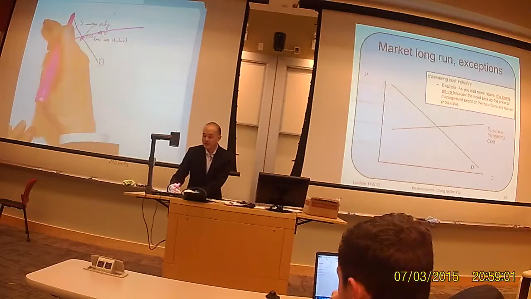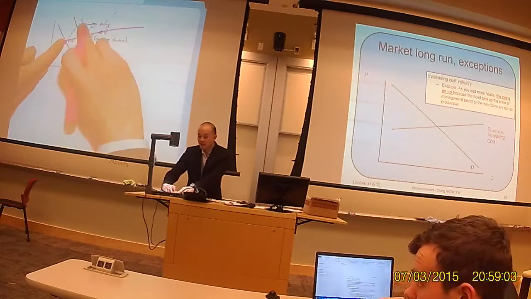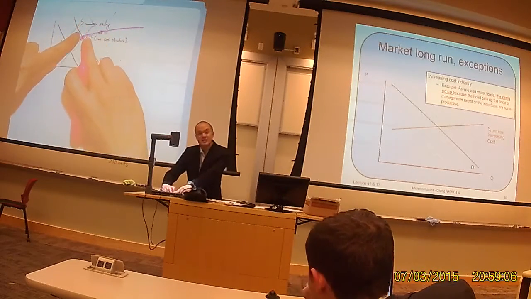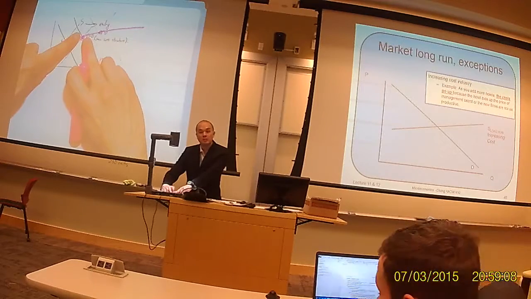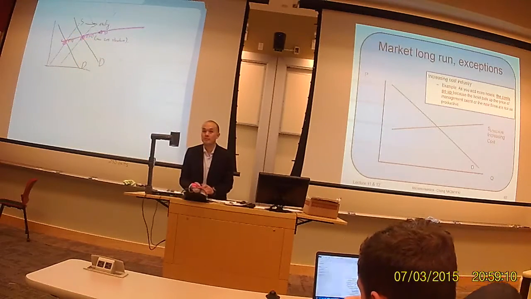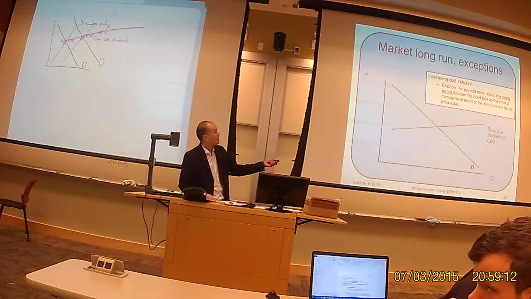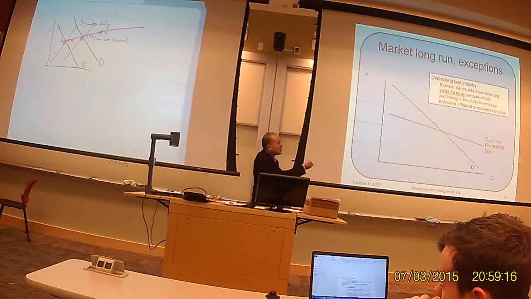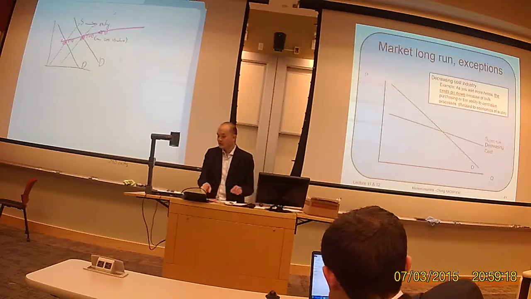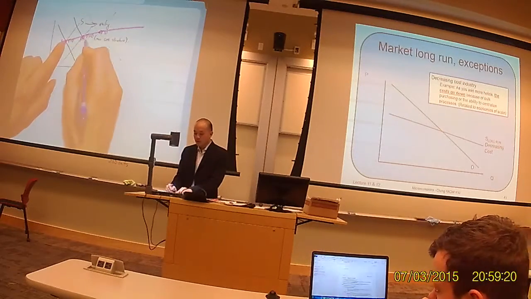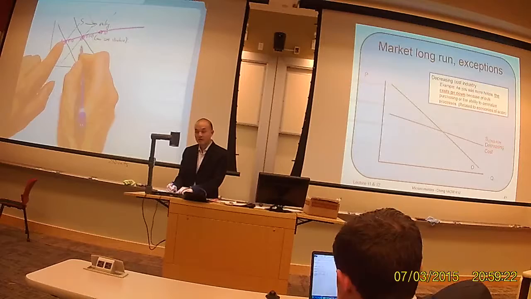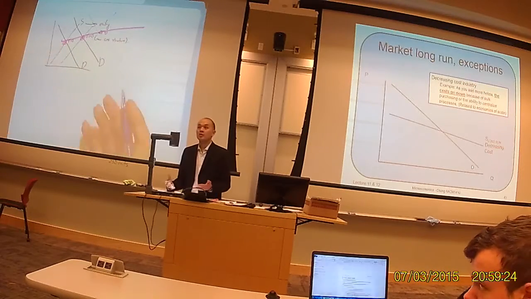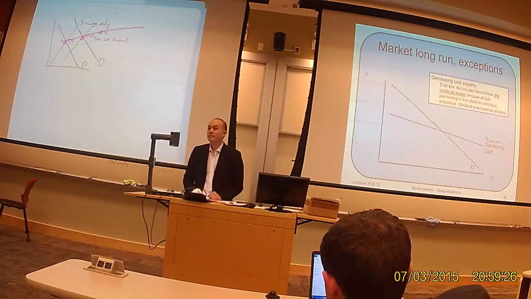So the eventual thing that happens when there's a demand shift, there's a short run shift, and then it stabilizes over time to the long run, which is a zero profit point. So that's the graphical visual for an increasing cost industry. A decreasing cost industry is where the zero profit point's even lower. So it will have this shape.